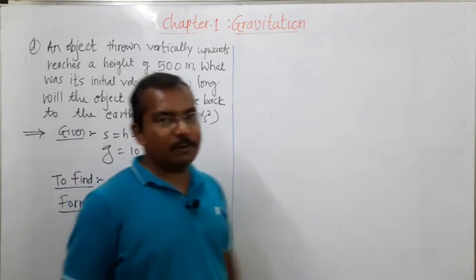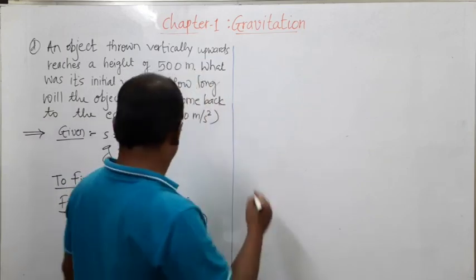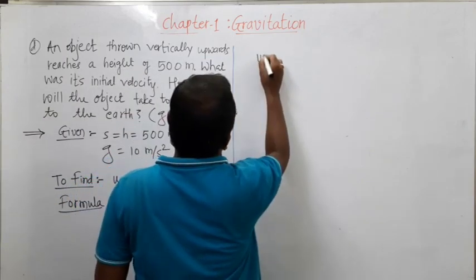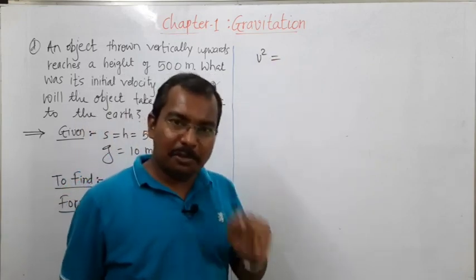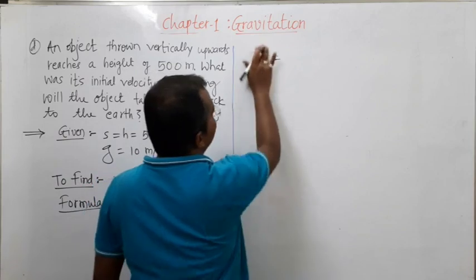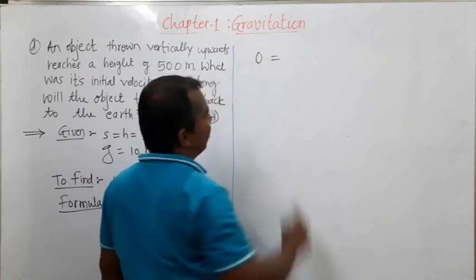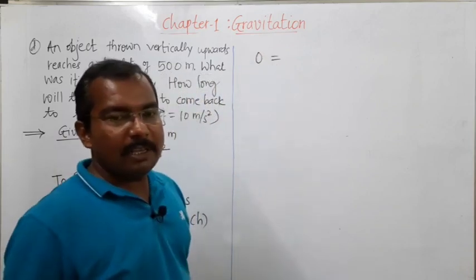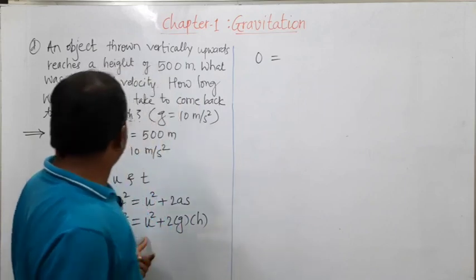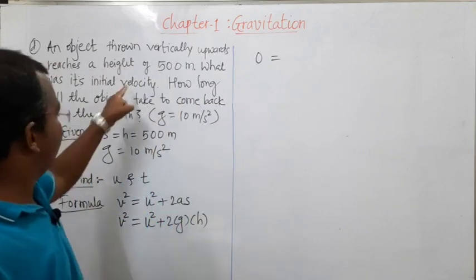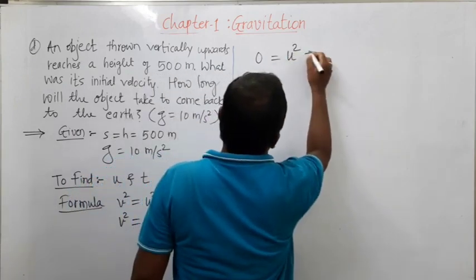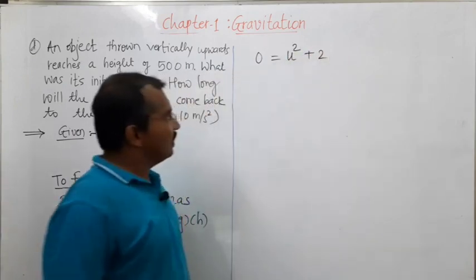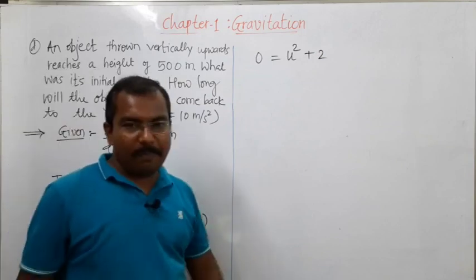That is how we converted it. Let's put the values. v square is equal to, now v, final velocity, will be 0. So I will write this as 0. Okay, what will be u square? We have to calculate the initial velocity. So this will be u square plus 2 times g, which is 10.